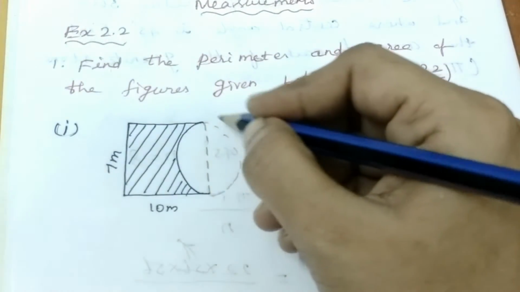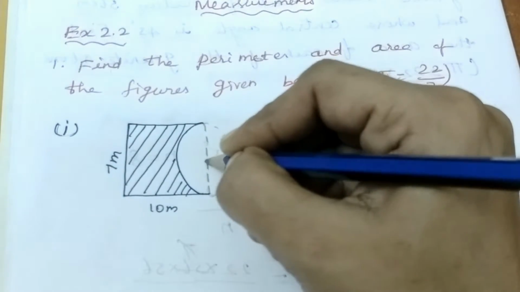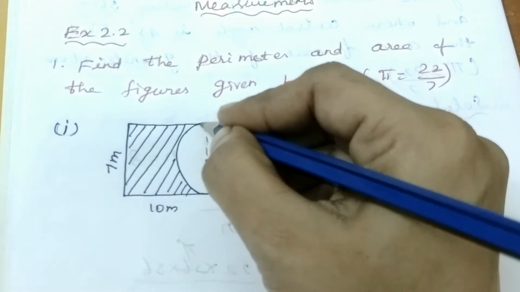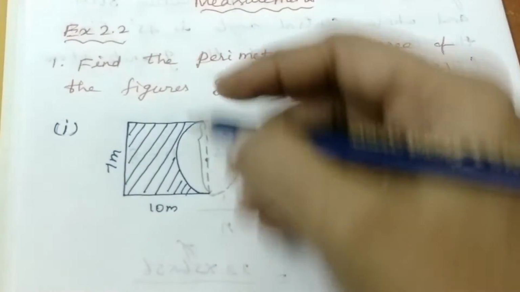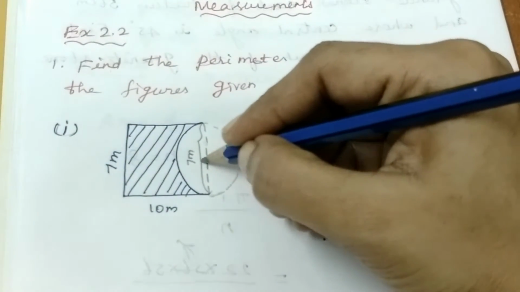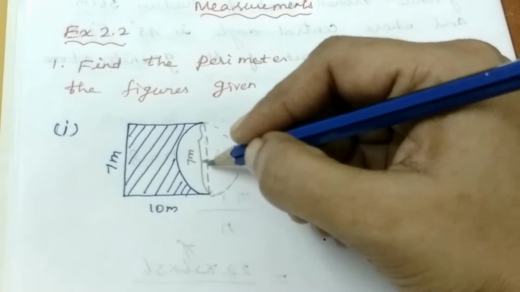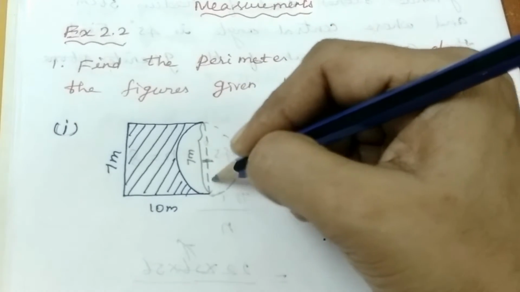So what is the center of the circle? Here is our center of the circle. This side is 7 meter, so here also we are having 7 meter. But this is our center, so this center is dividing this line segment into two equal parts.